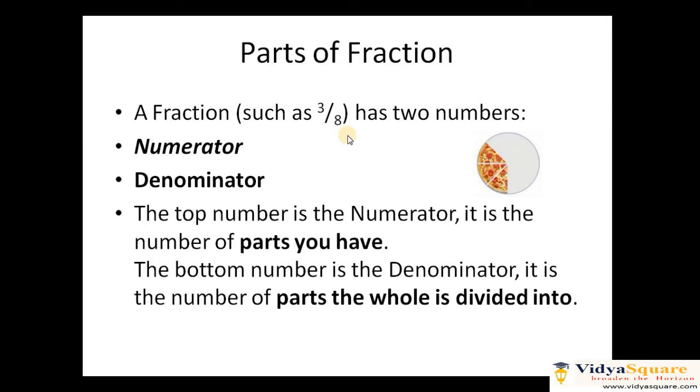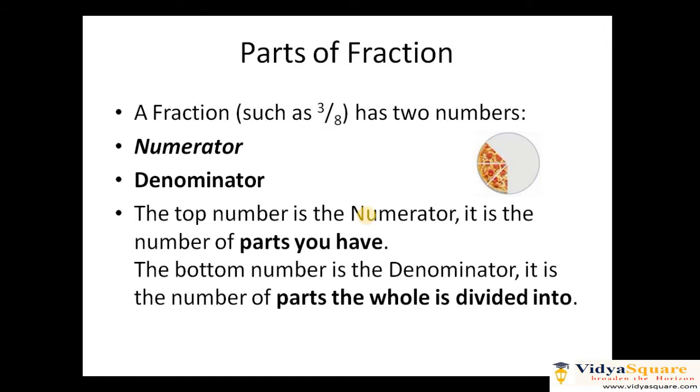So what is the numerator here? 3, which is on the top. And what is the denominator? 8, which is in the bottom. So this is the rule to identify a fraction. It should have a numerator and denominator.